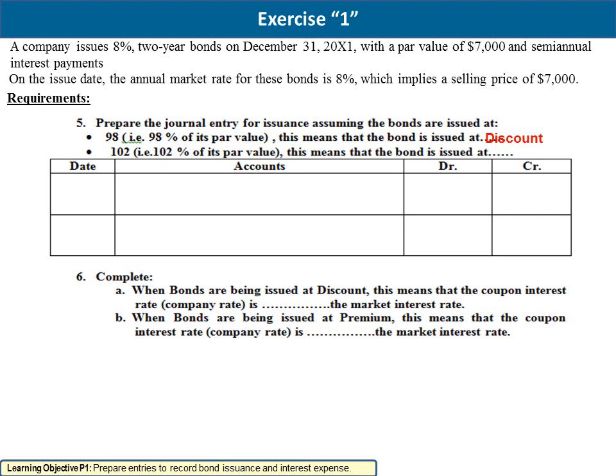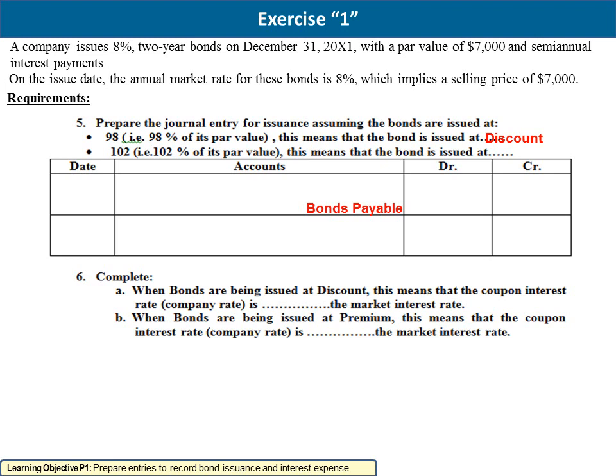So in order to prepare a journal entry to record this, we will record the cash received. Cash received is equal to the selling price. And we need to record the liability created for the company. Liability created was equal to the par value, so we will credit bonds payable.